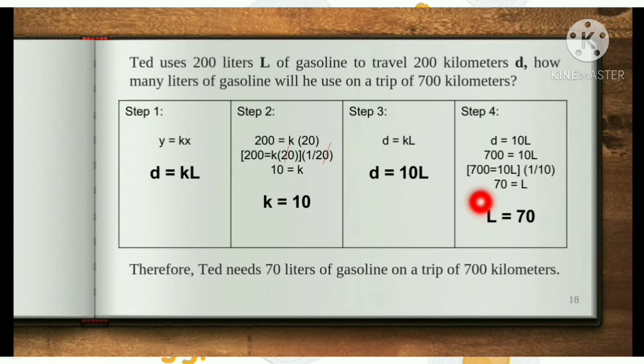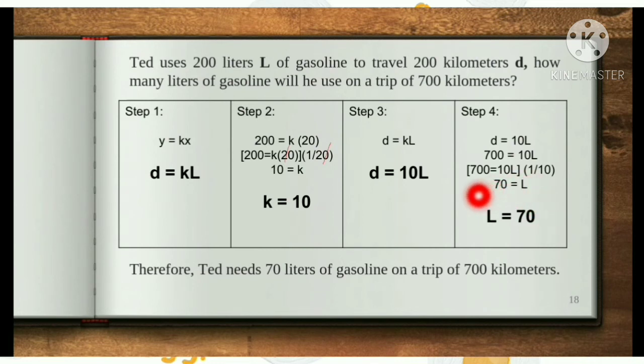In this case, you need to find L when D is 700. So the equation now becomes 700 equals 10L. Let us manipulate the equation by multiplying 1 over 10 to both sides.